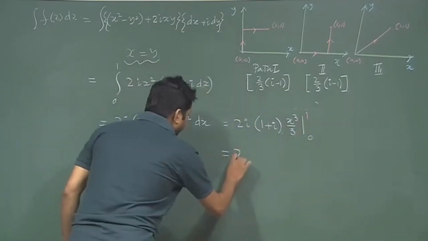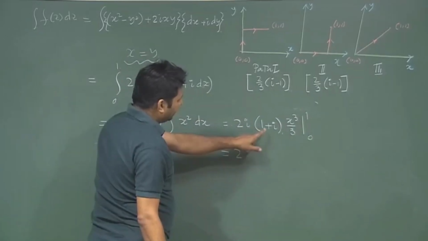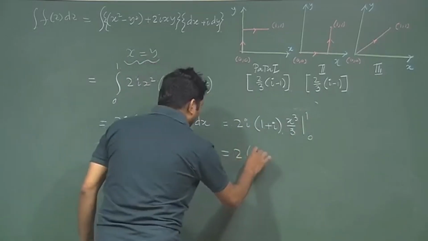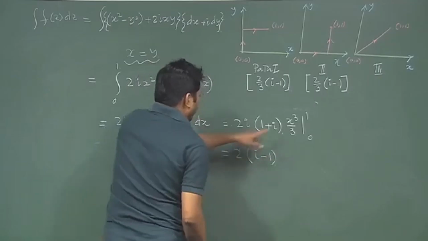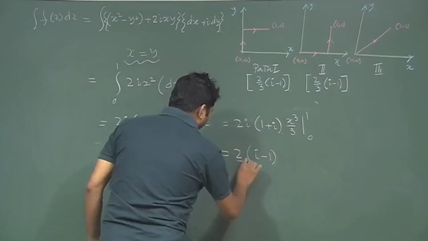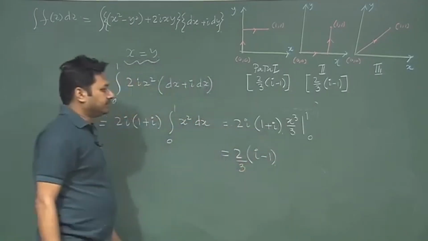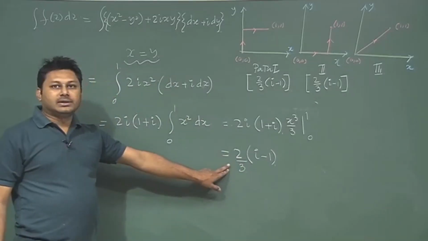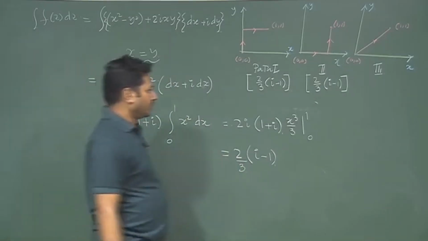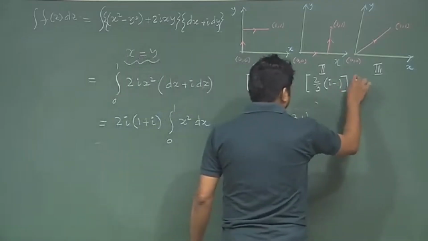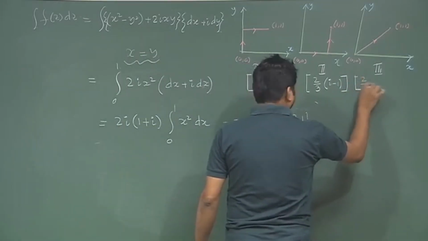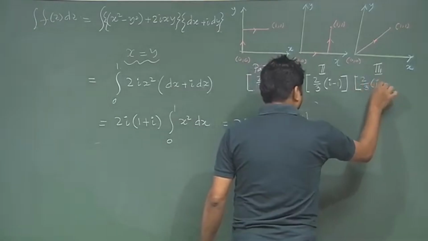Now I multiply the 2i inside, so it will be (i minus 1), and if I put the limit, it will be 1 by 3. So, it will be 2 divided by 3 times this quantity. Again I am having the same value. So, my final value for this path is also 2 by 3 (i minus 1).